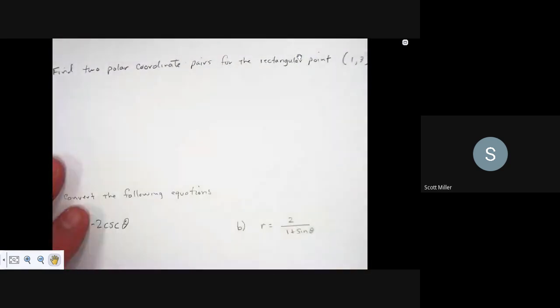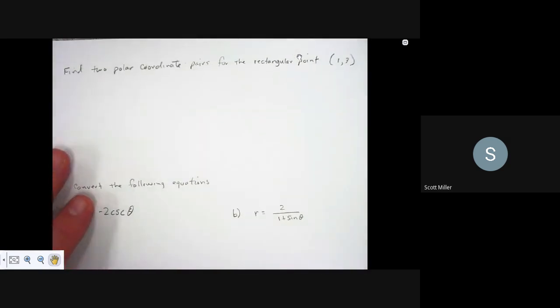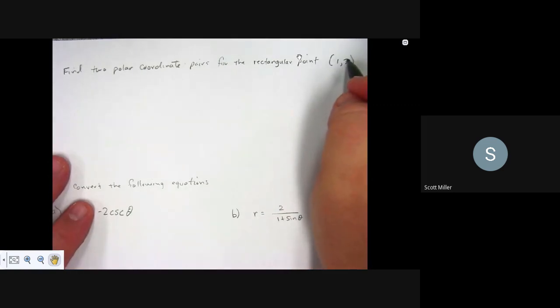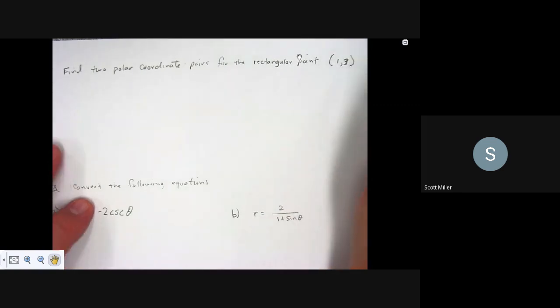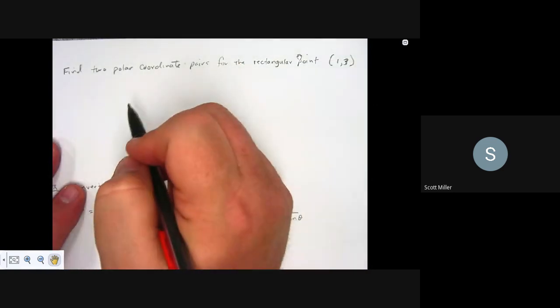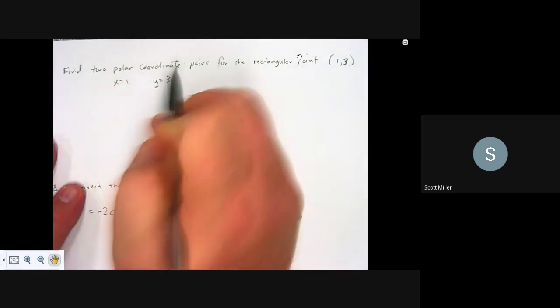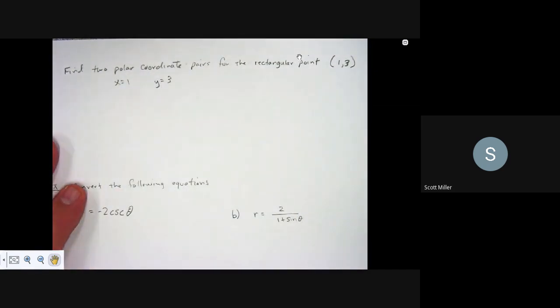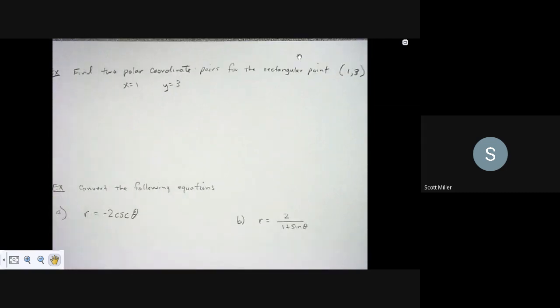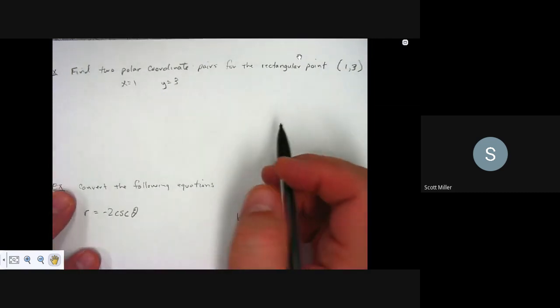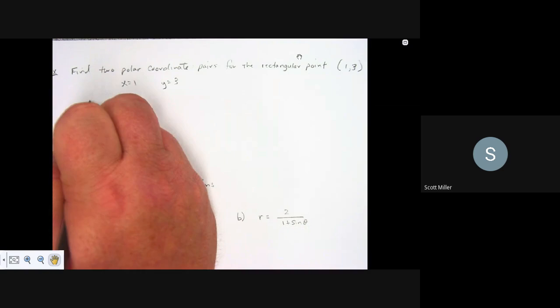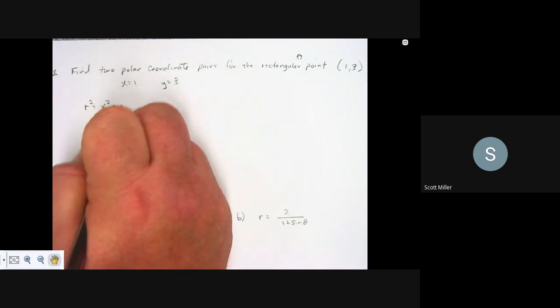Okay, I have another example that goes in the other direction. Let's change this point (1, 3) in the rectangular coordinate system to polar coordinates. So x is 1, y is 3. Okay, so if x is 1 and y is 3, I can find r using r squared is x squared plus y squared.